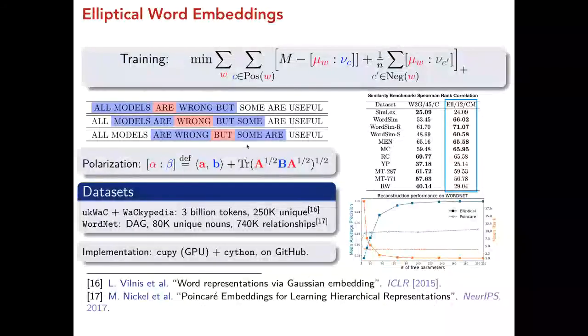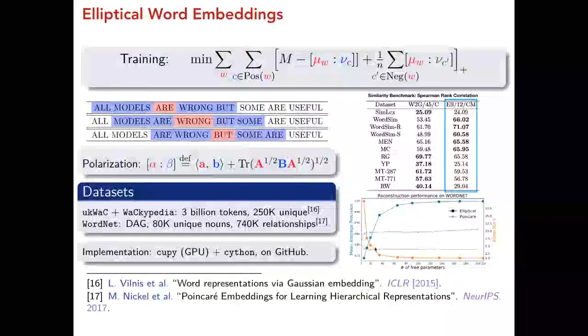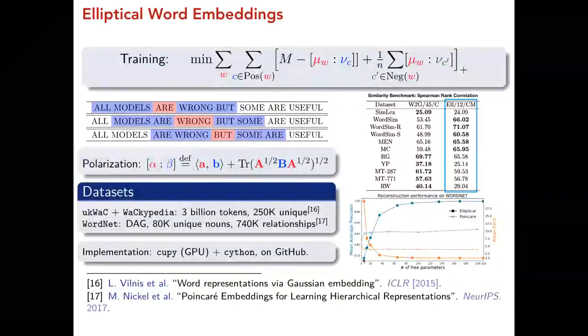In doing this, we showed that we obtained embeddings that were very competitive with respect to the 2018 state-of-the-art on similarity benchmarks and on NLP benchmarks that are a bit more specific, but that represent some hierarchical relationships between words. Okay.